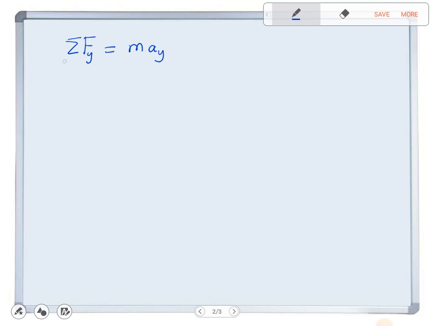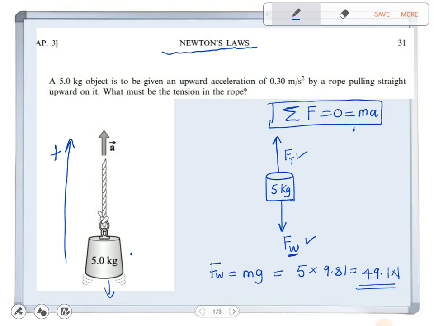Now, in the summation of forces here, we've got Ft and Fw. If we take the upward motion as positive, that means Ft is positive and Fw is negative.